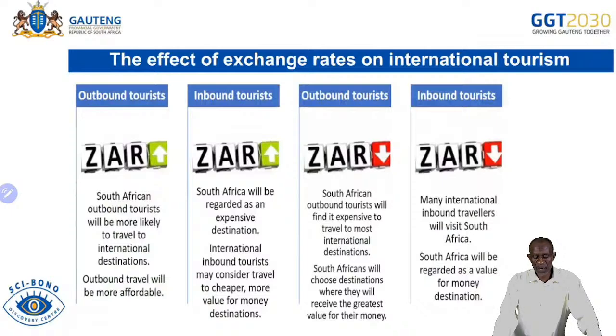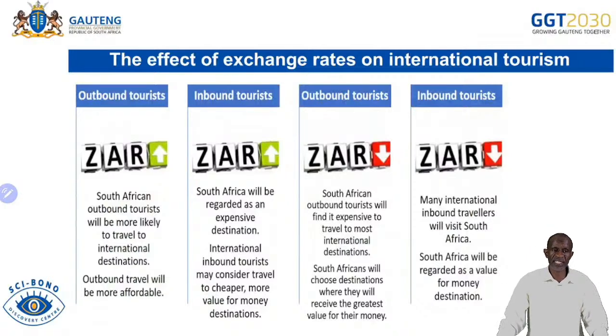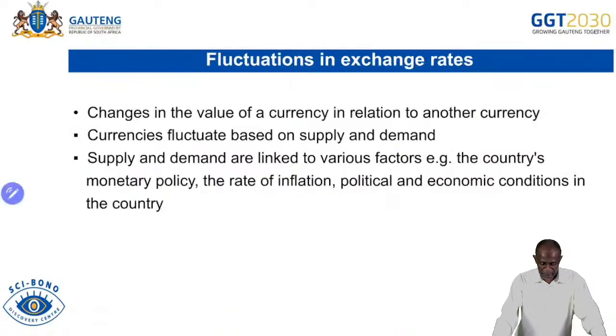So inbound tourists will get more value for their money. This is the synopsis, the kind of situation that the weaker and the strong rand presents for both outbound and inbound tourists.